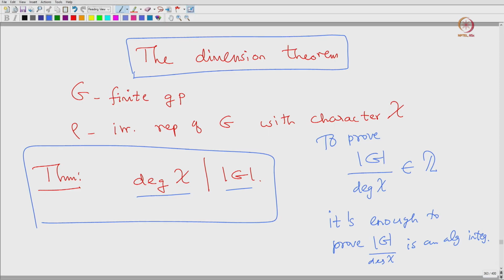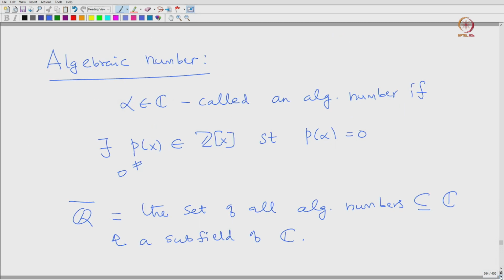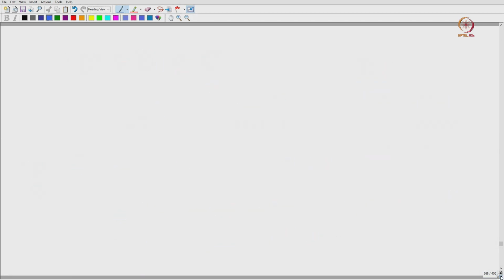That is the fact we are going to use. Most of the time it will be easy to prove that something is an algebraic integer. Technically, proving something is an integer is going to be difficult, but proving something is an algebraic integer is somewhat easier. Okay, so let us see what an algebraic integer is.